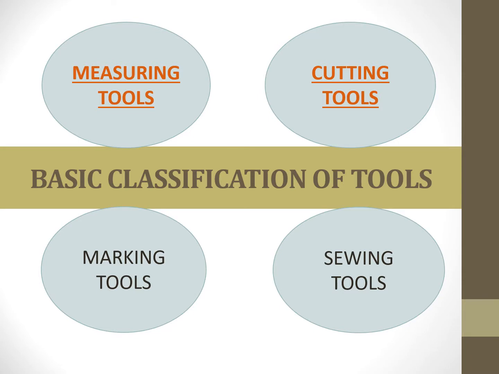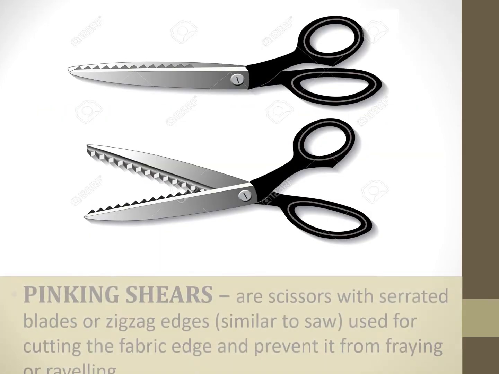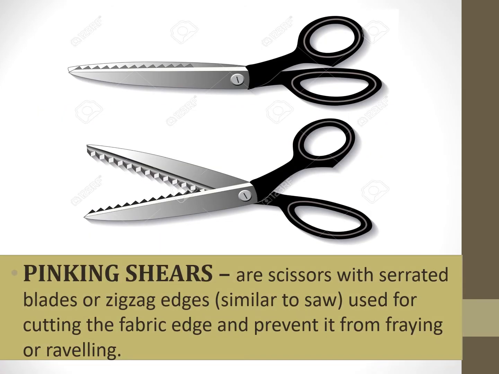Next, we're going to discuss all about cutting tools. A cutting tool is a tool that is used to remove material from the workpiece by means of shear deformation. Pinking shears are scissors with serrated blades or zigzag edges, similar to a saw, used for cutting the fabric edge and preventing it from fraying.